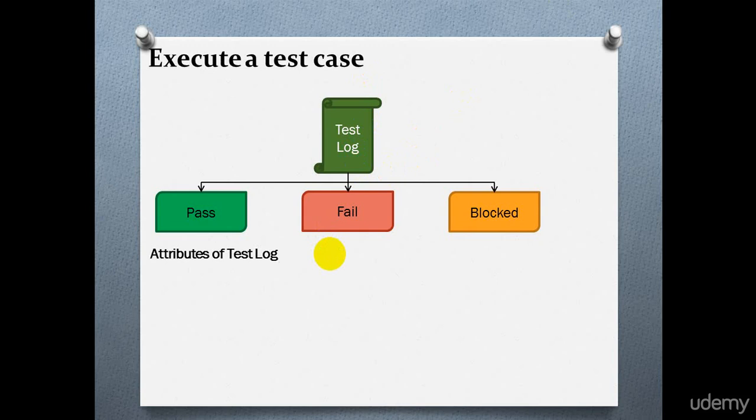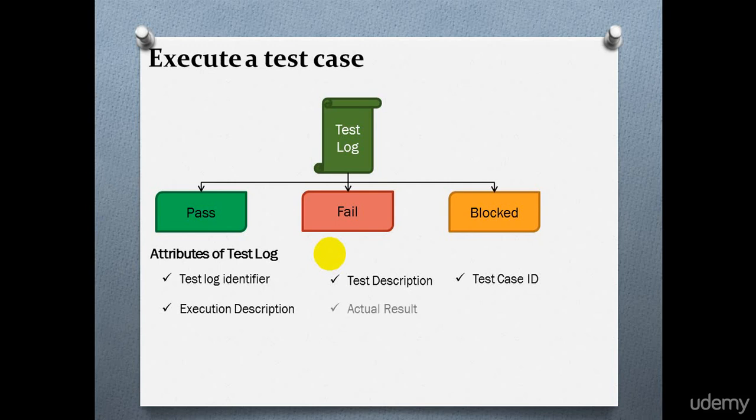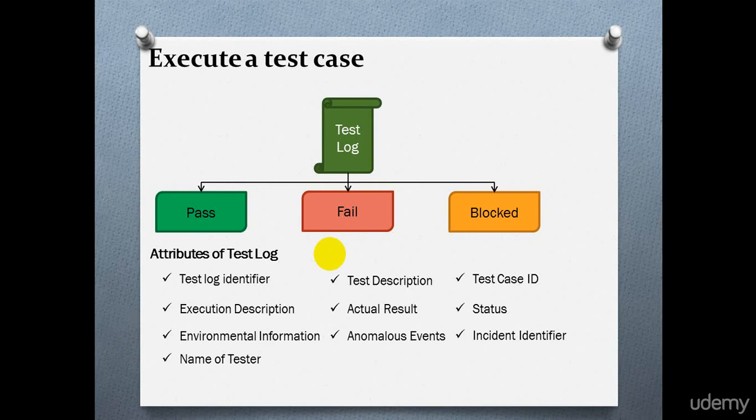These attributes include test log identifier, test description, test case ID, execution description, actual result, status, environmental information, events, incident identifier, name of the tester, date of testing, and general comments. So here we have different attributes for the test log document.